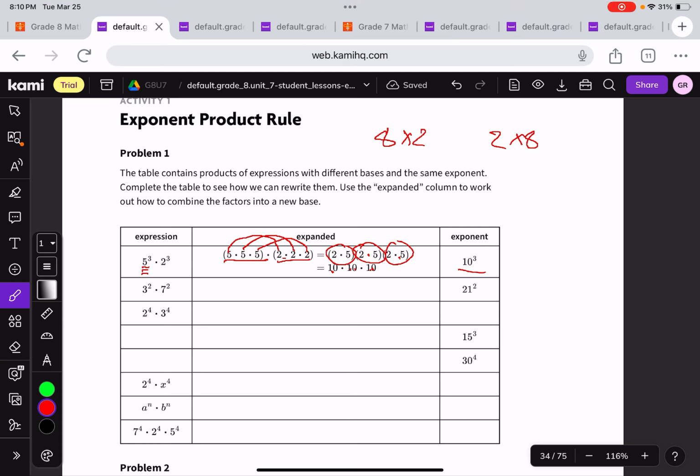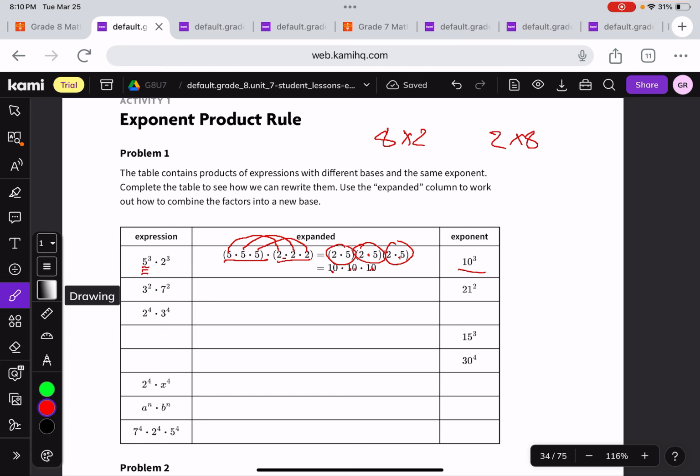If we look at the next one, they gave us the answer. What is 3 to the second times 7 to the second? It's 21 to the second. And there's a reason why we can just multiply the bases, but this only works if the exponents are the same. If the exponents are not the same, you won't get a matchup quite right, and you no longer have that trick available to you.